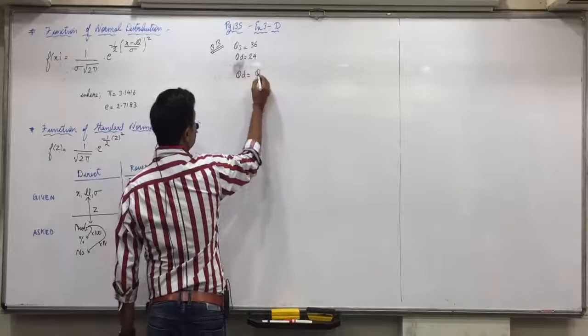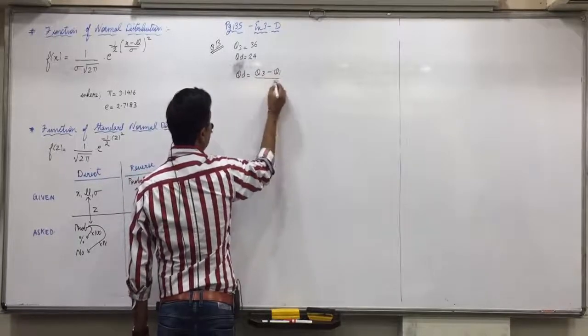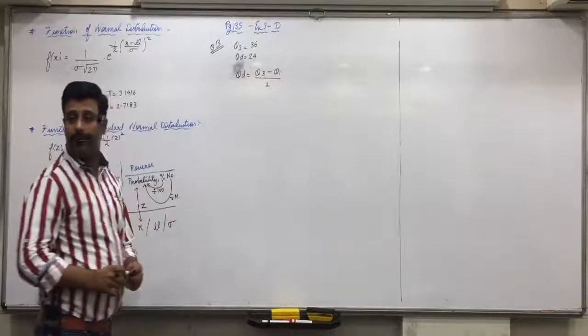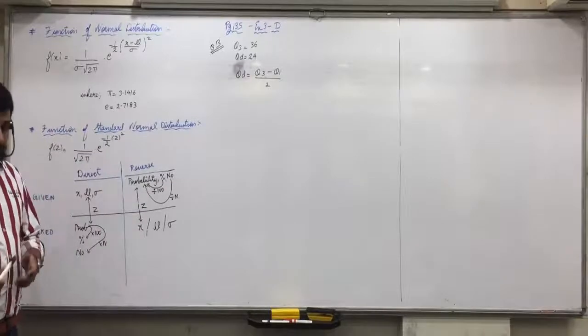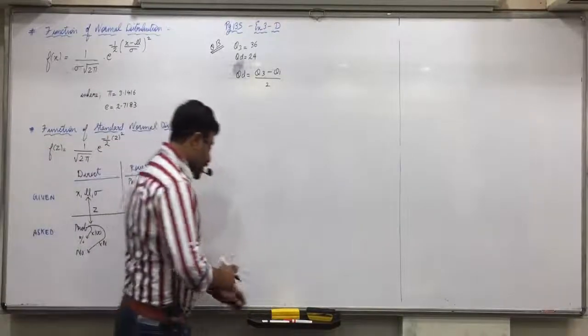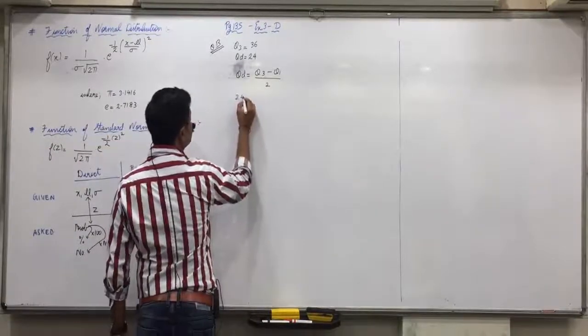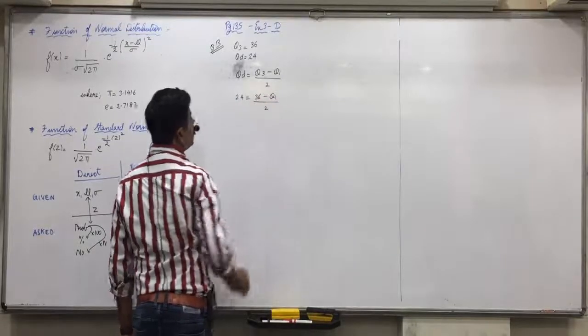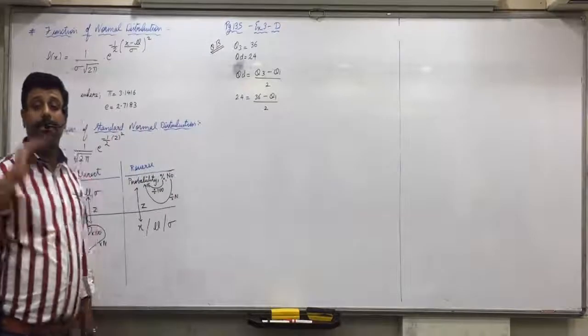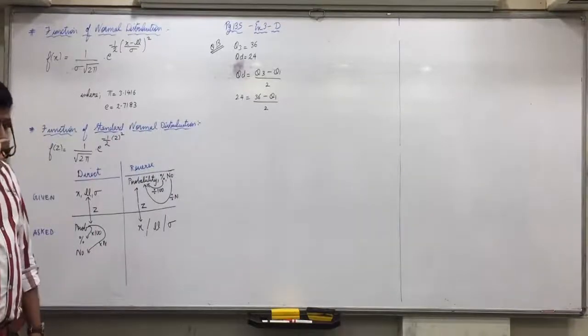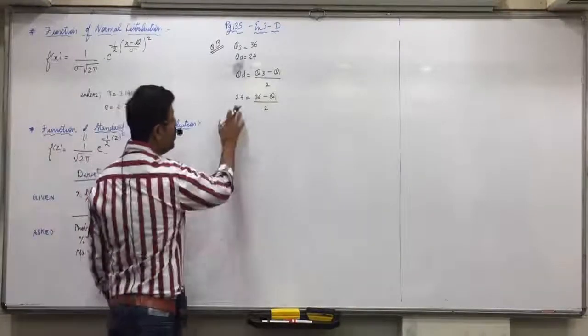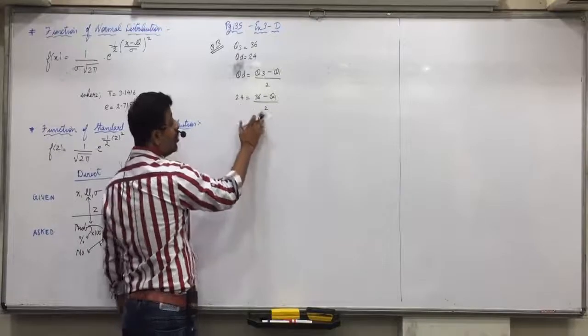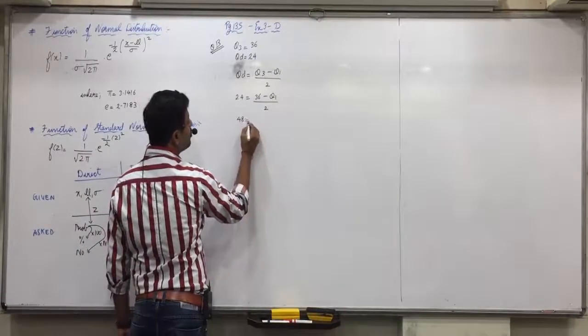So write down. QD is equal to Q3 minus Q1 upon 2. Now QD is 24. Q3 is 36 minus Q1 upon 2. 24 into 2 is 48.